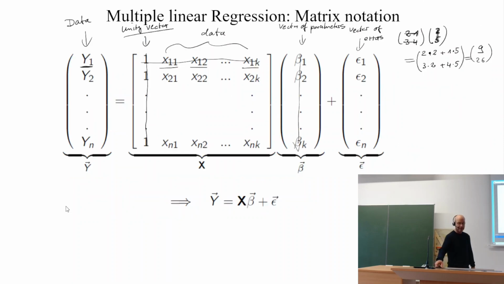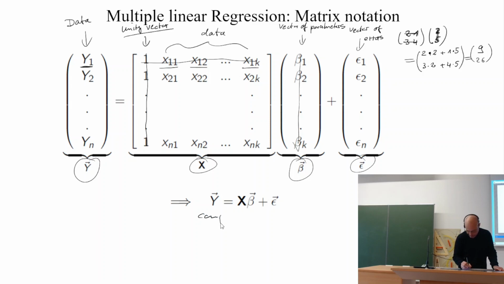Well, and then if we just write this as a vector with this error, then with fat x, vector of beta, and vector of errors, we end up with a similar writing as the simple linear regression.